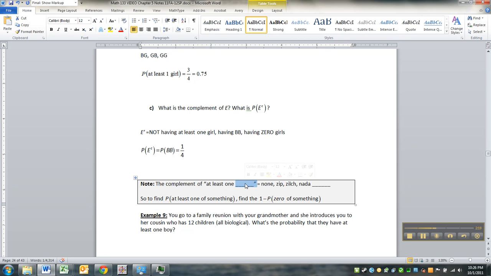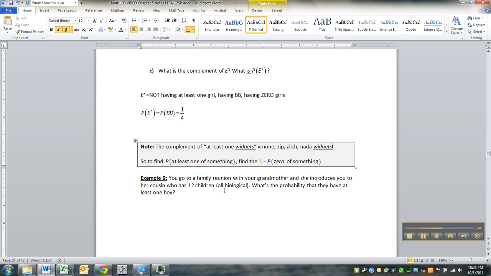So at least one of widgets or whatever is none, zip, zilch, nada, 0 widgets. You can say widgets if you like. I just left it blank because it's a blank standing for whatever, and the complement of that is the whatever. It doesn't matter what it is. That's what I wrote down here.